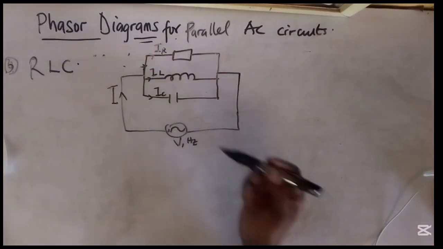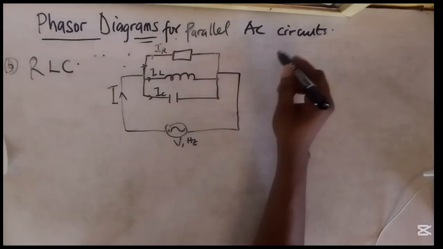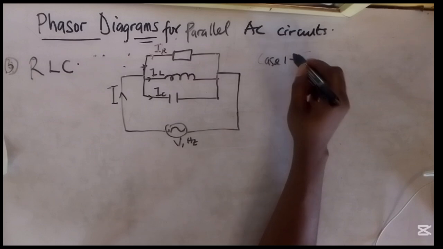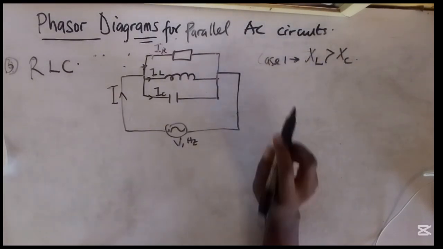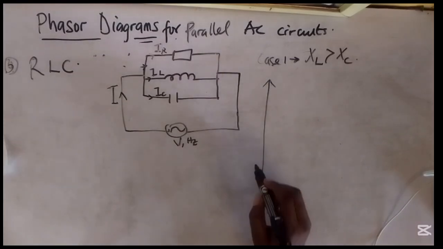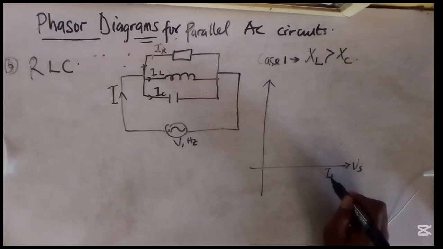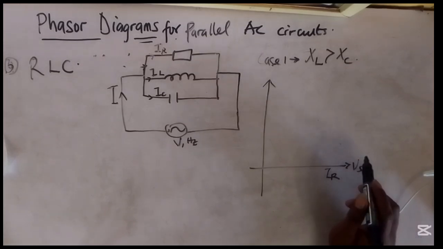So let's look at the instance where inductance is greater than capacitance. So case one, where XL is greater than XC. The graph will look simply like this. Of course, we know this is our VS, and our IR is in phase with VS because it's pure resistance.